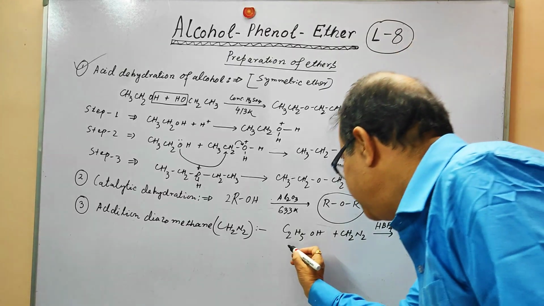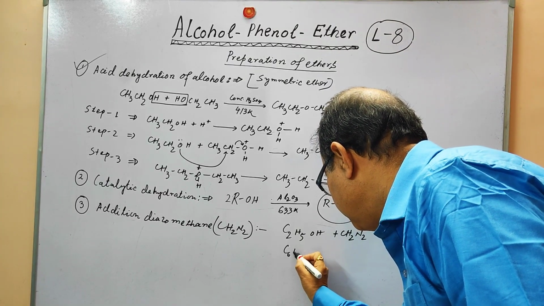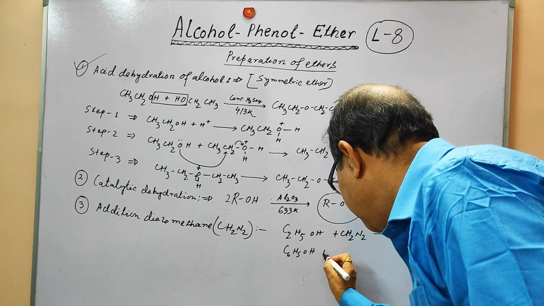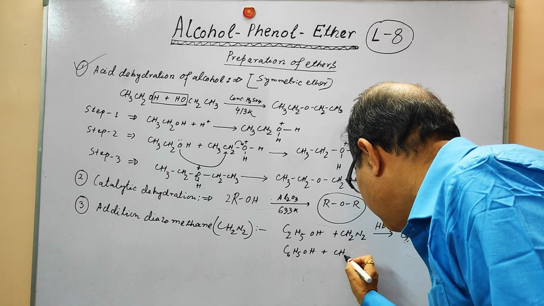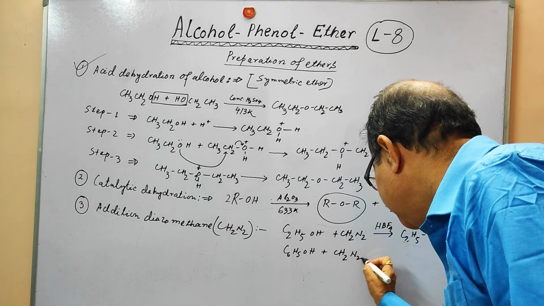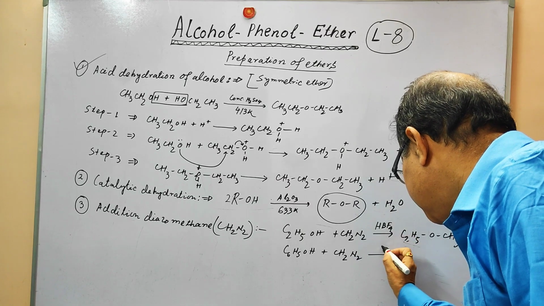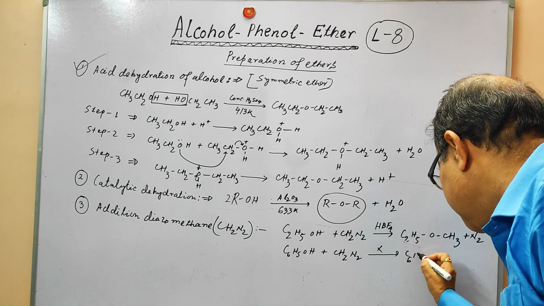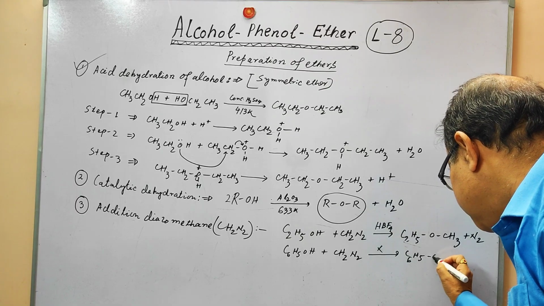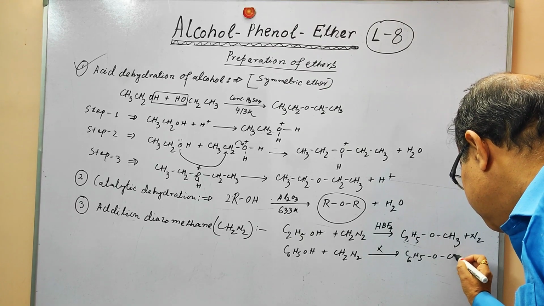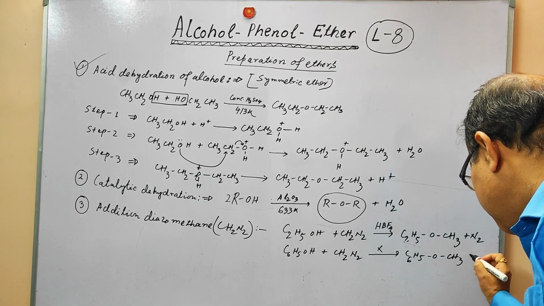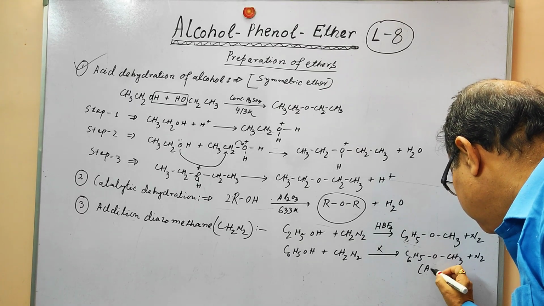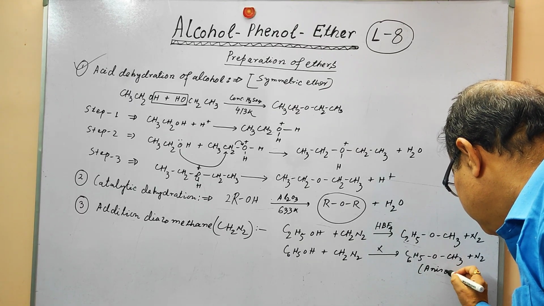But when we produce the phenolic ether, we do not require this catalyst. Without this catalyst you can produce this ether, and this ether is called anisole.